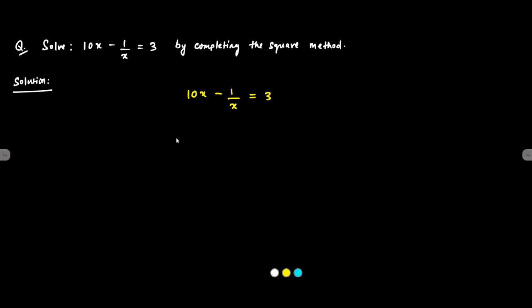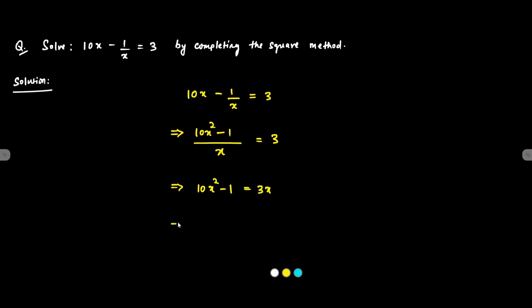So 10x minus 1 by x is equal to 3. That implies 10x square minus 1 by x is equal to 3, which implies 10x square minus 1 is equal to 3x.